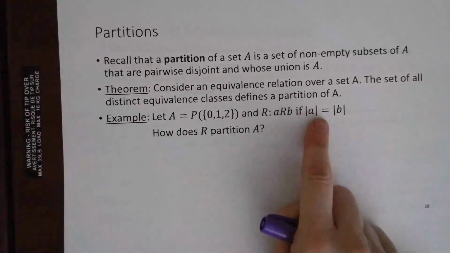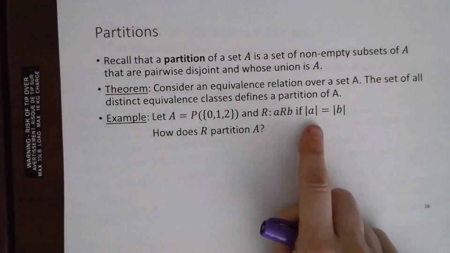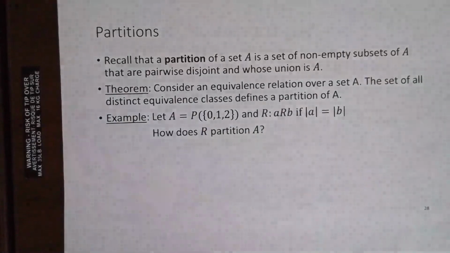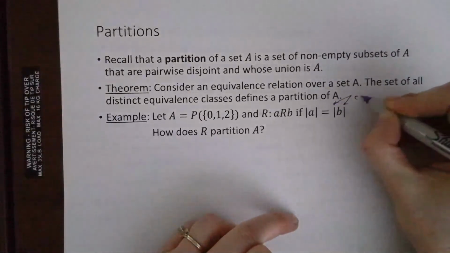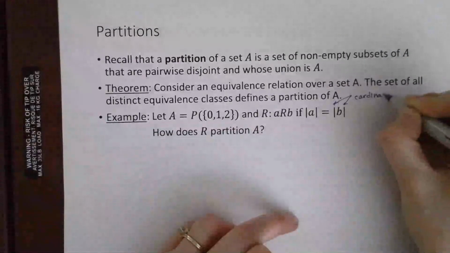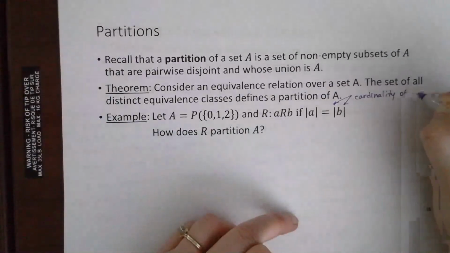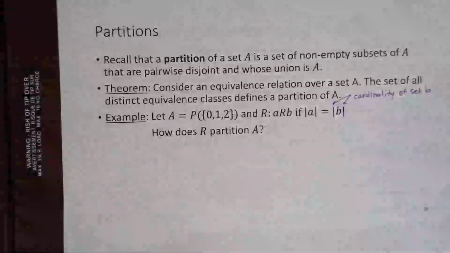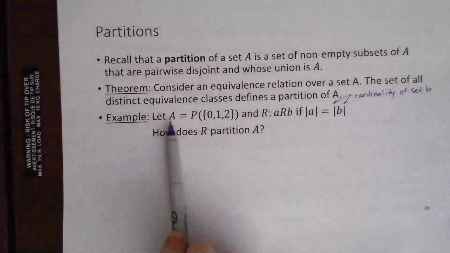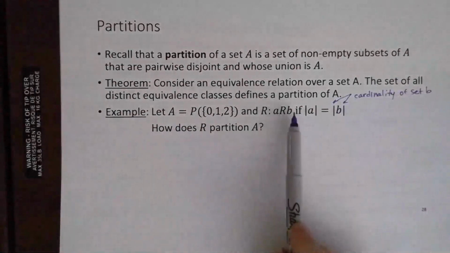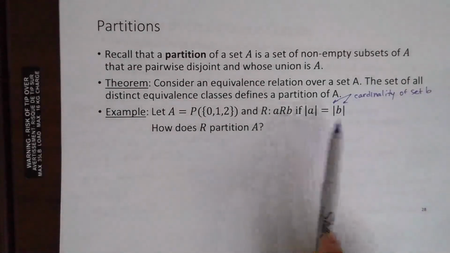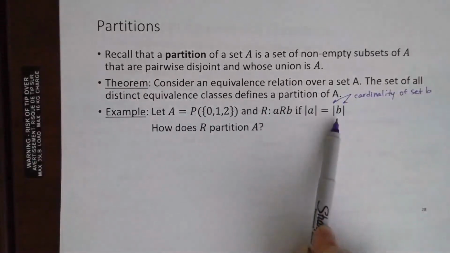These little bars mean the cardinality of B. So all of the elements here are sets, and two sets are related if they have exactly the same cardinality.